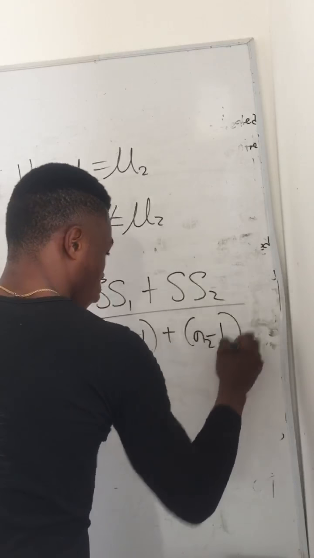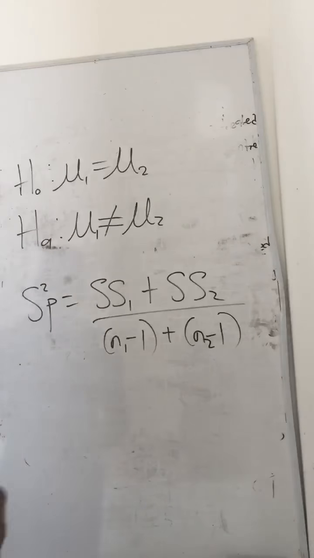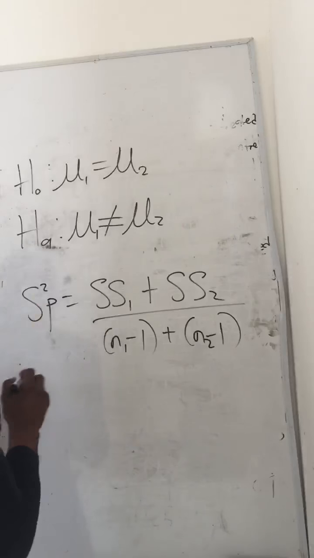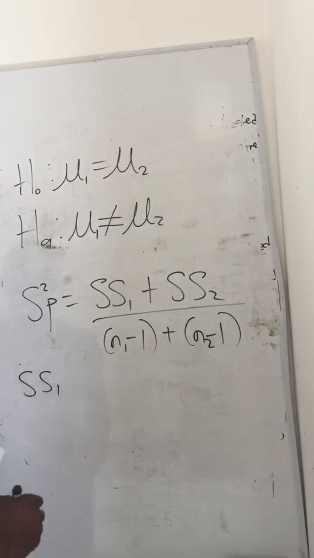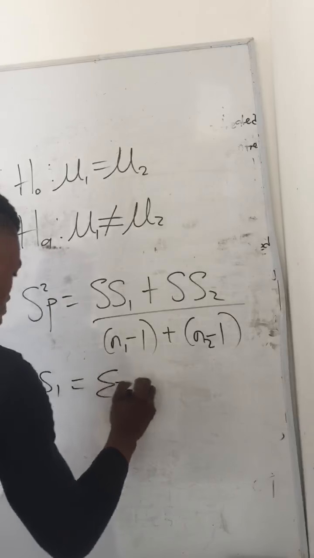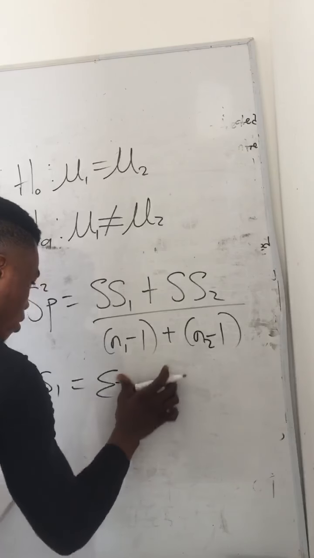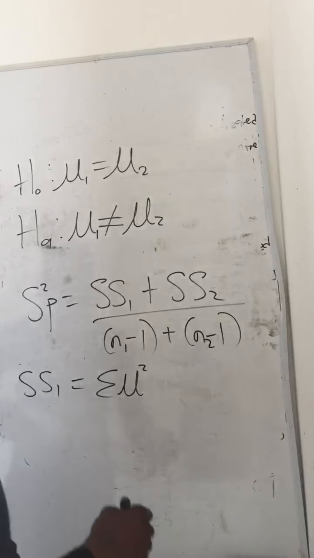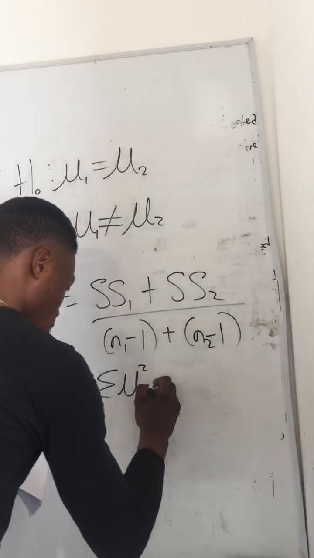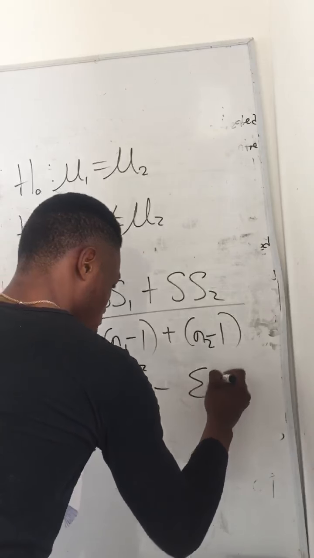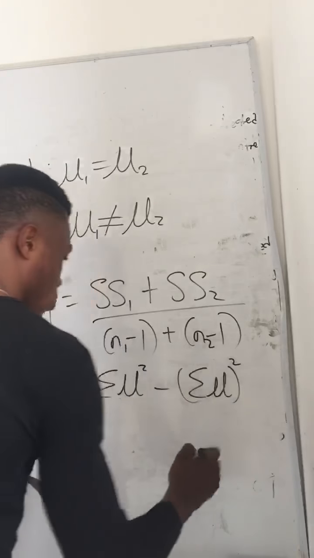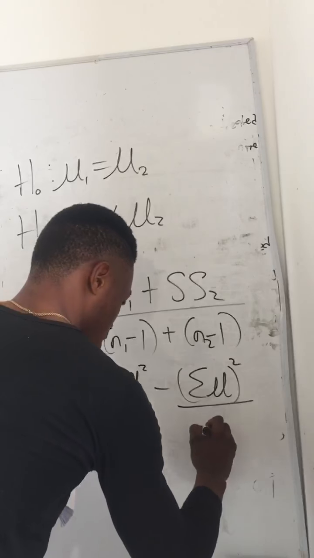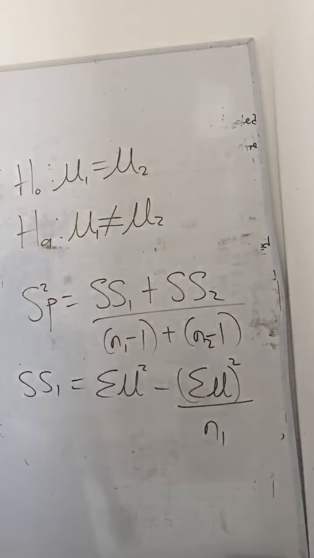Degree of freedom is n minus 1, don't forget, so n1 minus 1 and n2 minus 1. And remember the sum of squares is given by the summation of mu squared minus the summation of mu all squared divided by n1.